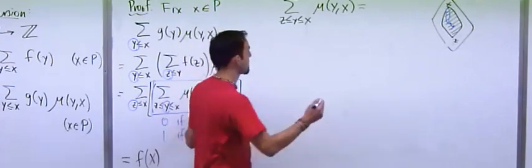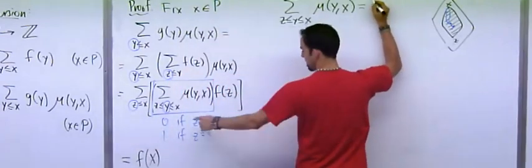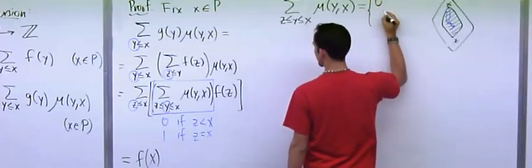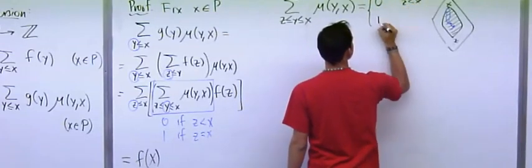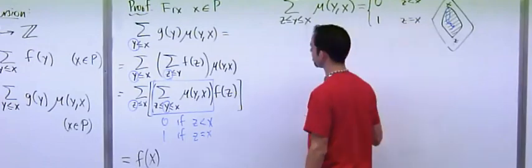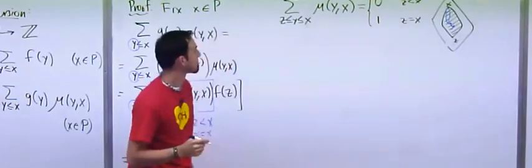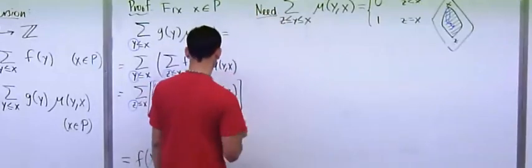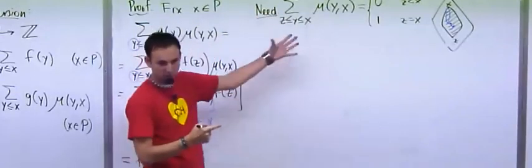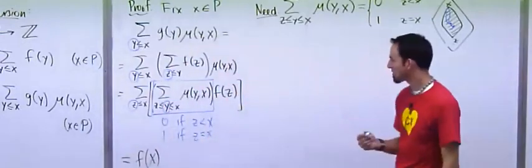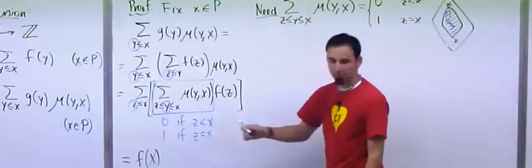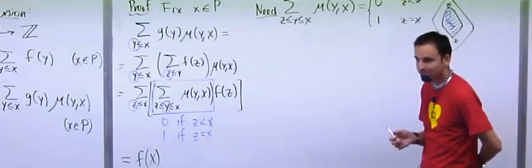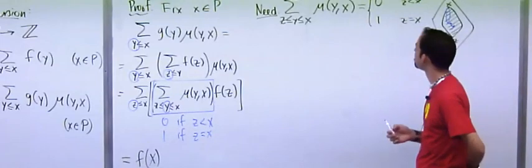And if I want this to be a proof, then I need to show what I said here. 0 if z is less than x, 1 if z is equal to x. This is what I need to show, because this is what I used. Now, hopefully this is true, right? It looks like it's true because what I want to get is f of x. I'll be done if I can prove this equation, which is the next thing we're going to do.